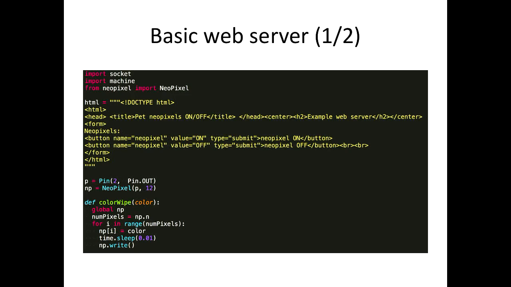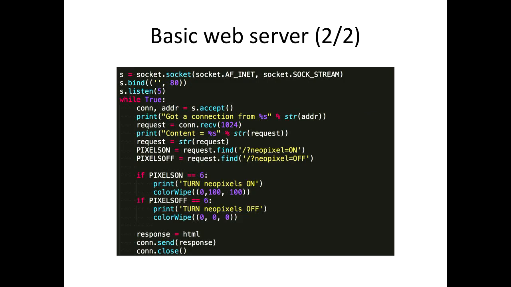So you pretty much have the HTML that you want to display. And we've set up the Neopixels, and we've got that color wipe function that we saw just before. And then to pull this all together and make it a network-enabled device, we just use socket modules. So pretty much just a loop that reads the requests as they come in and is looking for a particular string in that request.